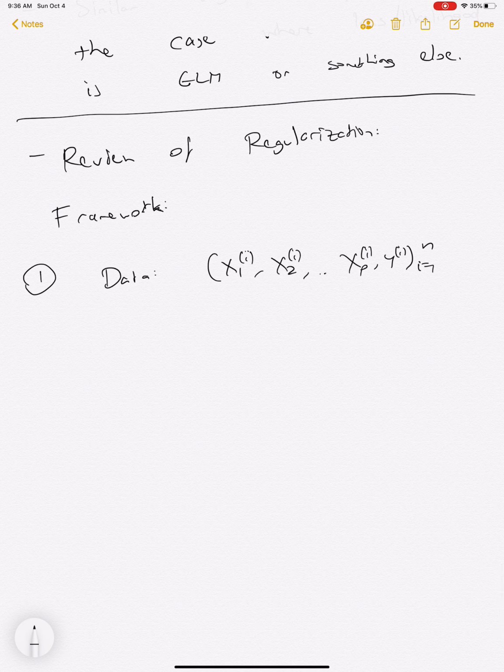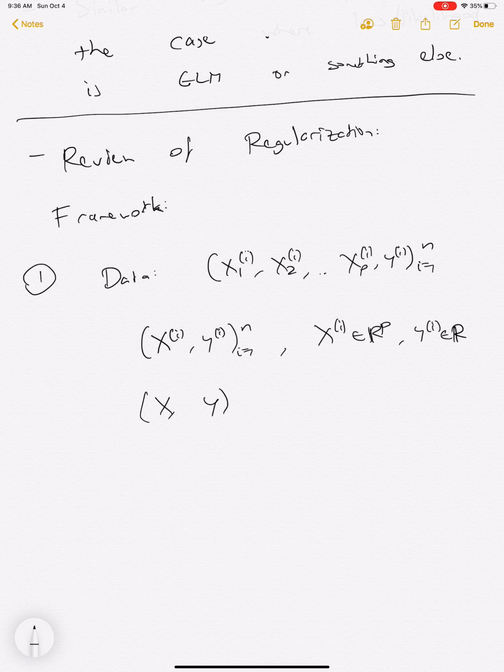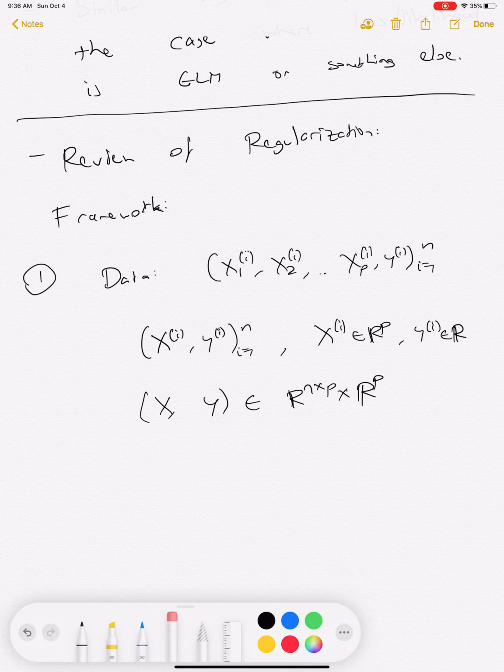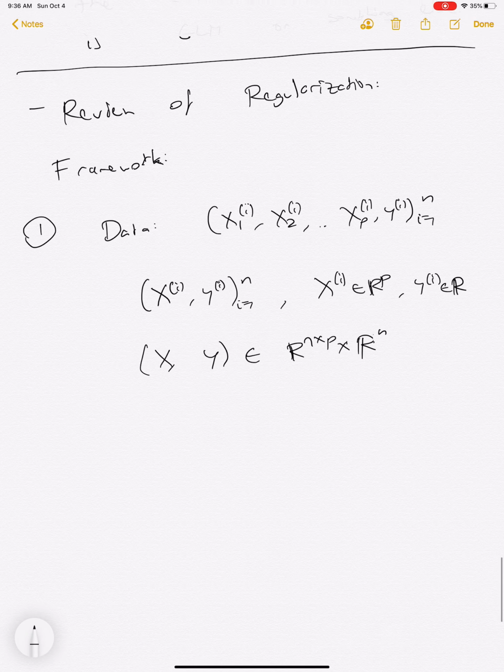And I'm going to use some shorthand notation. There are 2 shorthands I'm going to use, and then you can also have this third vector-matrix shorthand, that X is in R^(n by p), and then y is in R^n.